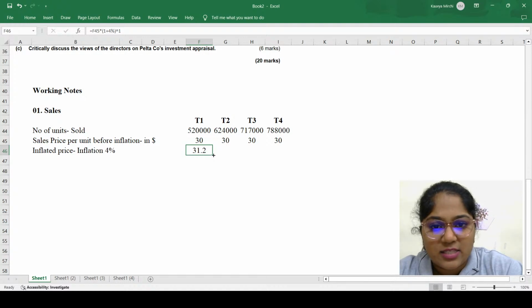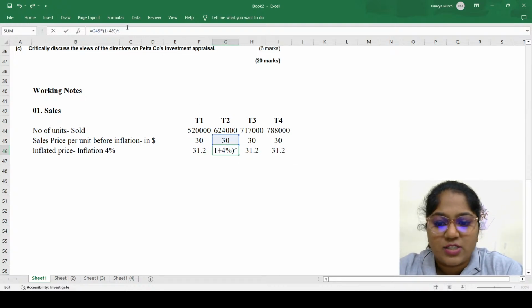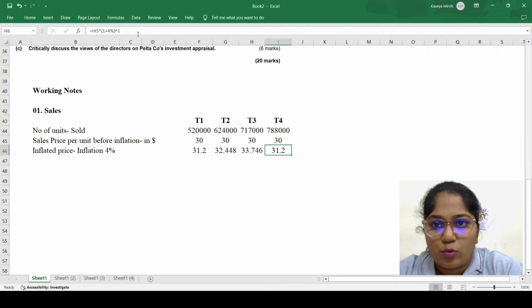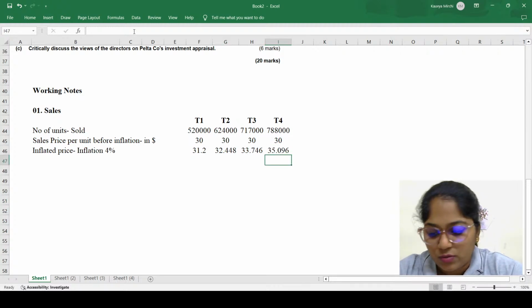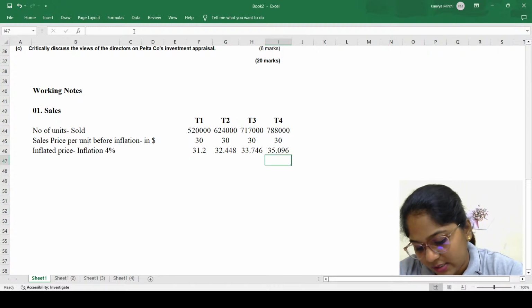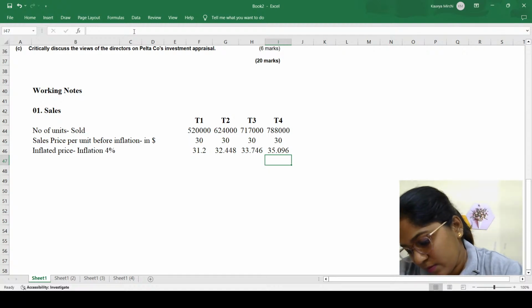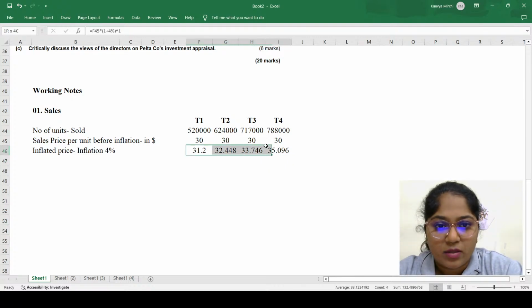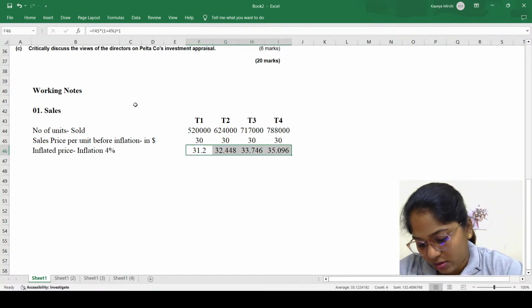If I drag this, for the second year I will use raised to the power 2, for the third year raised to the power 3, and for T4 raised to the power 4. You see how we are using this? This is the way of considering it, everyone. Getting it?